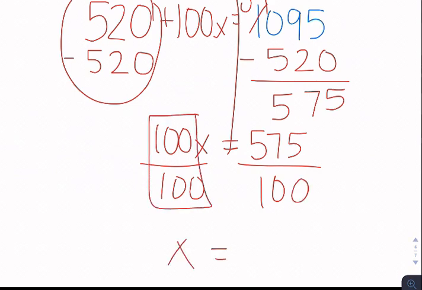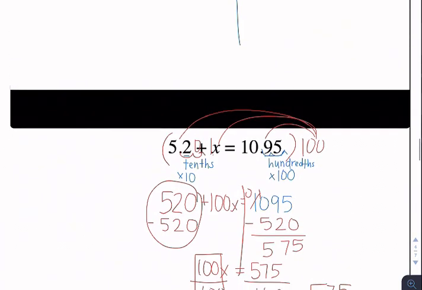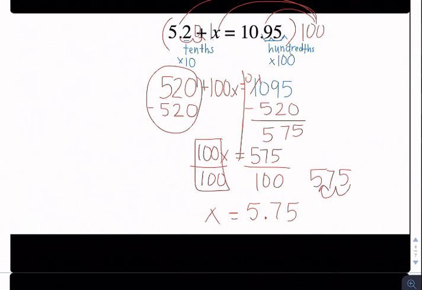I don't want to know what 100x is. So, just a little trick for you. If you are dividing by 100, it's moving your decimal 2 places to the left instead of 2 places to the right. So this would be 5 and 75 hundredths. So same answer as we got up top, but I got rid of my decimals.